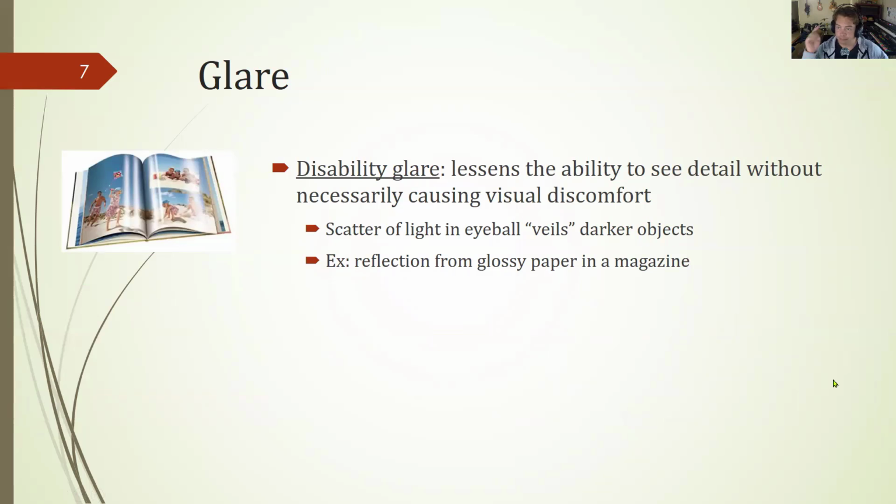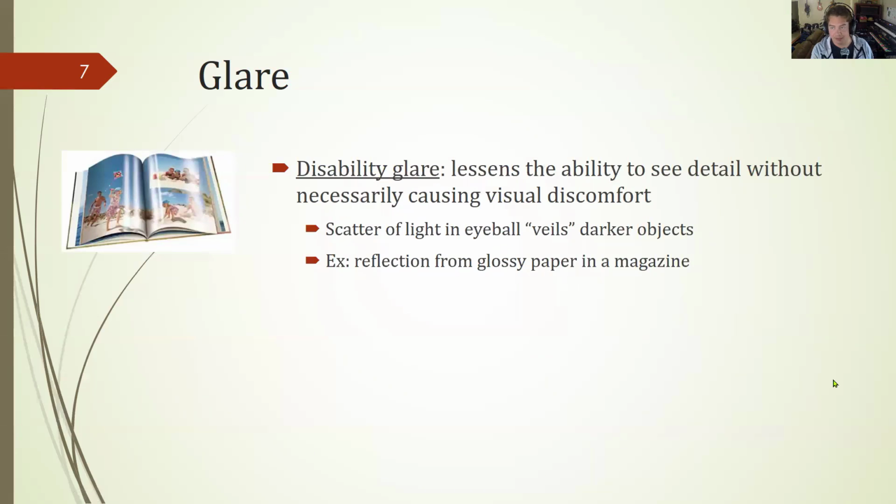Okay, so reflected glare and direct glare are based on where the light is getting to your eyes from. But now we can talk functionally about what it does. Disability glare is when we have an uncontrolled, usually very bright light wave that strikes our eye.